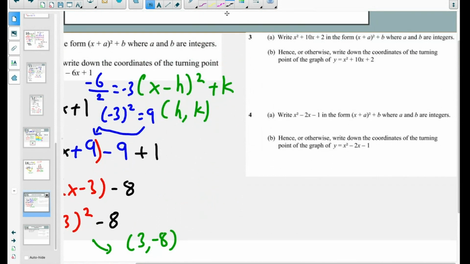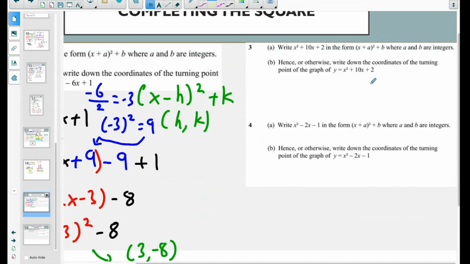Even for me as a teacher, it feels like I'm just pulling numbers out of midair. But again, with the short amount of time, I don't have too much time to go into heavy in-depth detail. Again, feel free to ask me or any of your other maths teachers at school to give you a more in-depth answer. But this is just teaching the skill right now with completing the square.